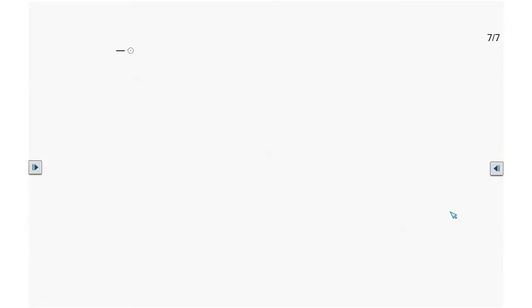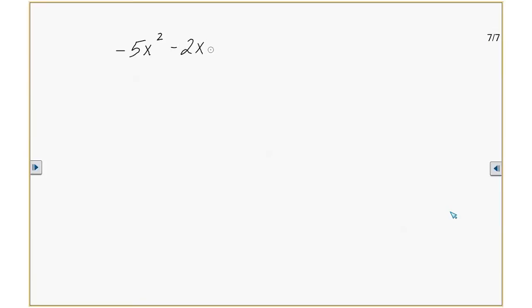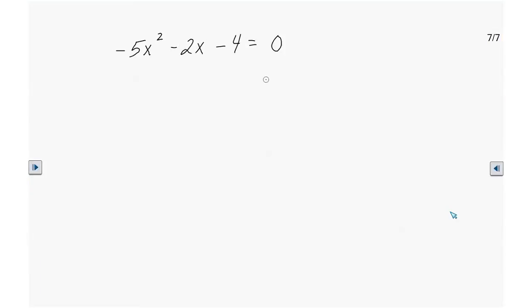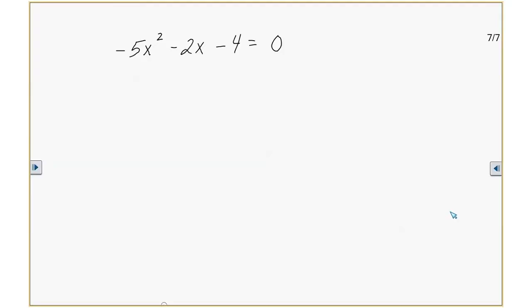Negative 5x squared minus 2x minus 4 is equal to 0. Not only are you going to factor out 5, you're going to factor out what? Negative 5.